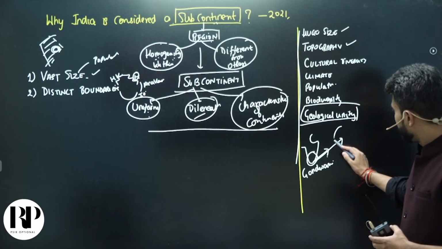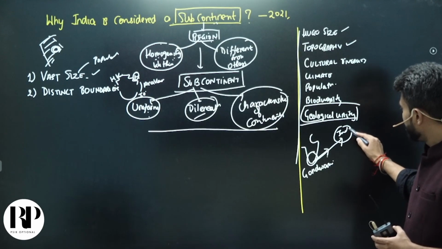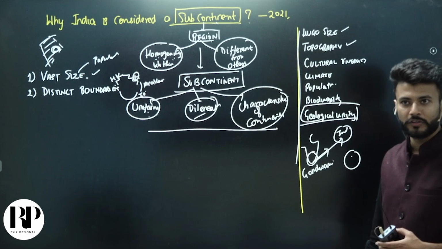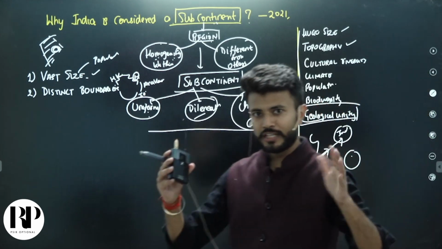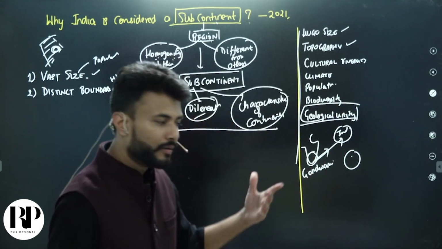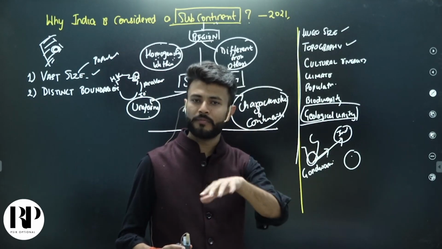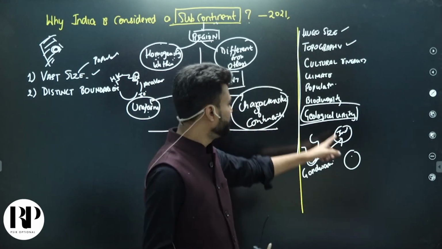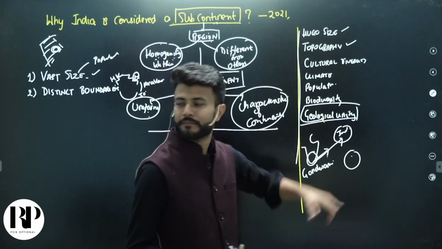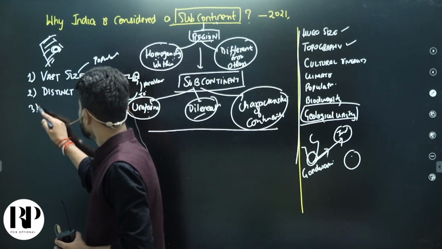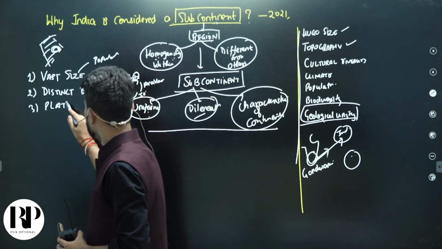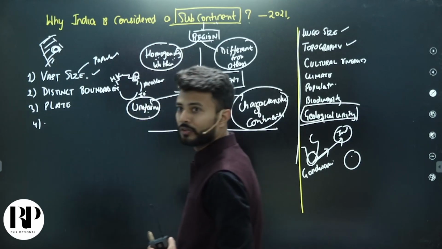Now the micro plate is known as the Indian plate, and here you are having the Australian plate also. Major plate is Indo-Australian plate, that is true. But because we are having the geological unity, entire India is formed on one plate. That means you have geological unity. So India has its own distinct plate also.